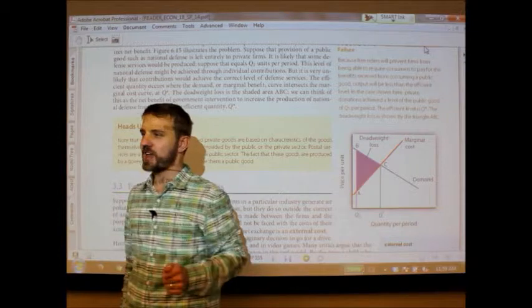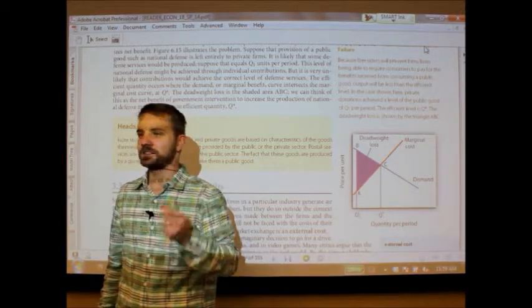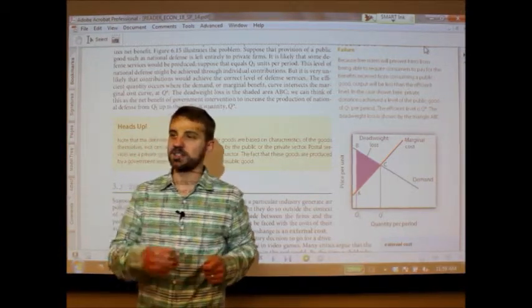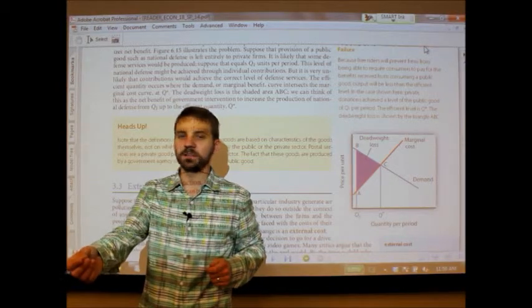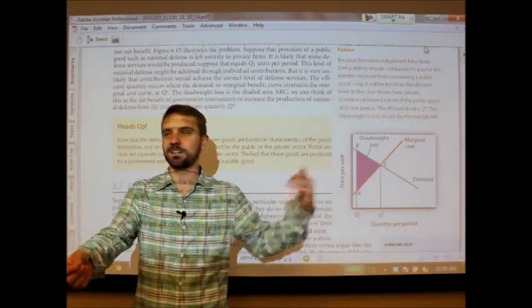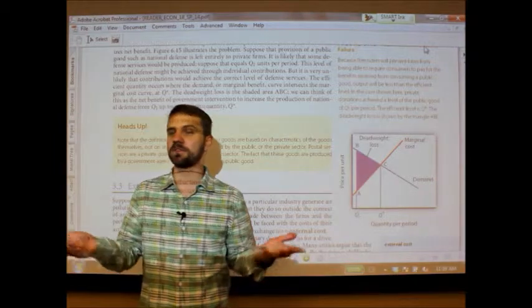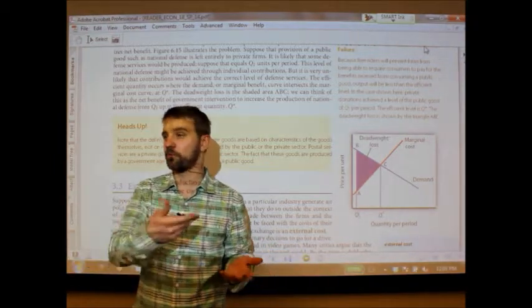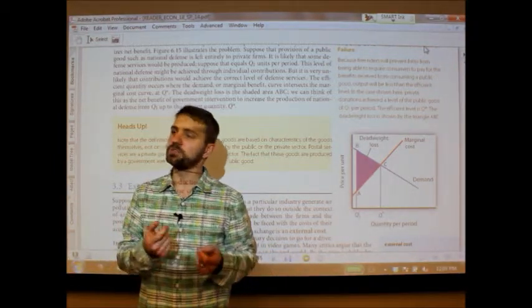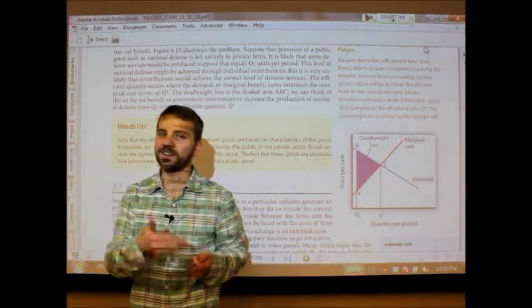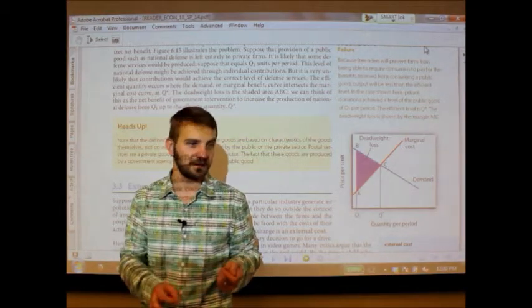Yes. If you don't pay for your stamp, they're not going to deliver your mail. Is it rival? Yes, because delivering your letter means the post office can't simultaneously deliver someone else's letter. In other words, delivering letters takes time away from what they could be doing otherwise. So postal service is excludable and rival. It's a private good. The fact that it's provided by the government doesn't make it public.